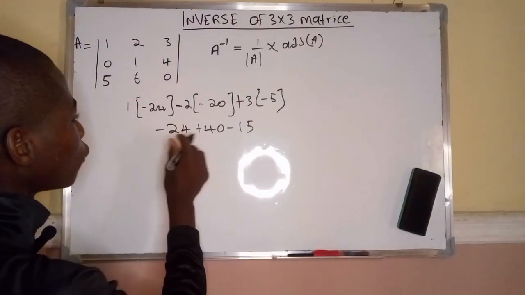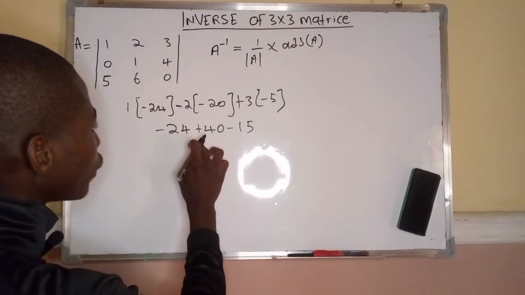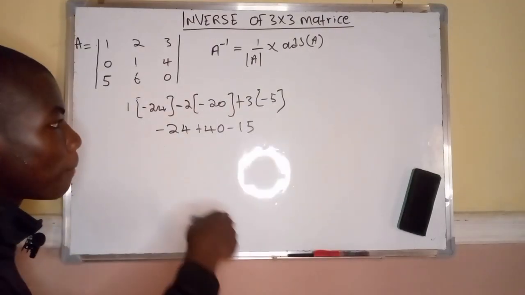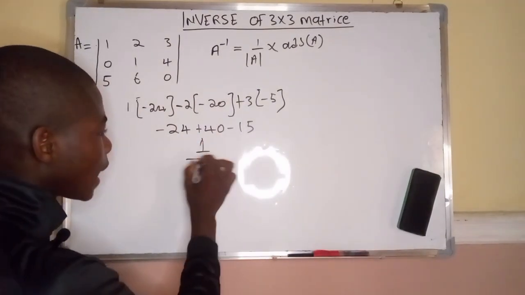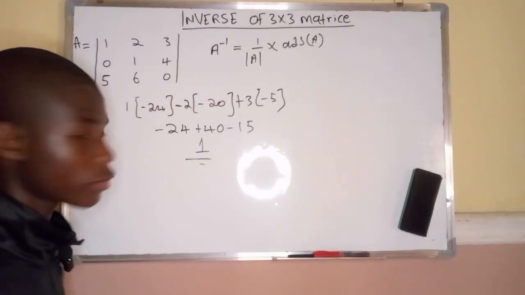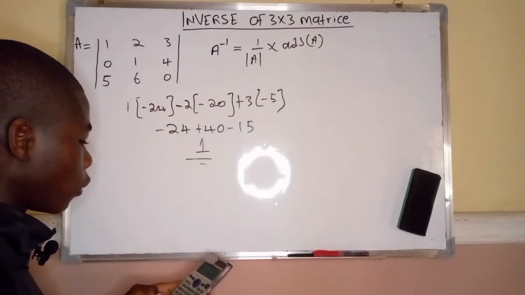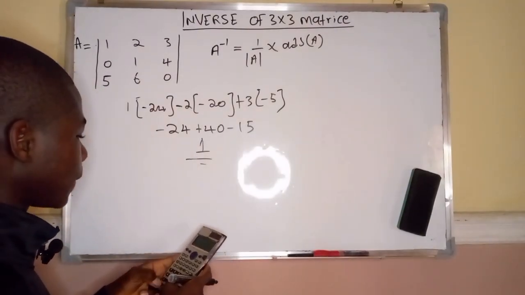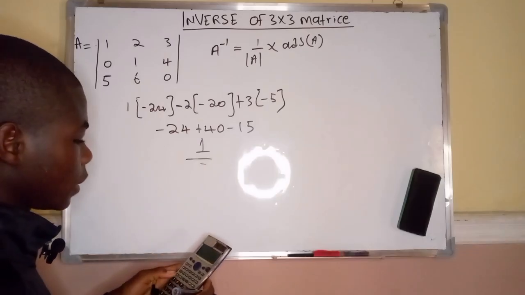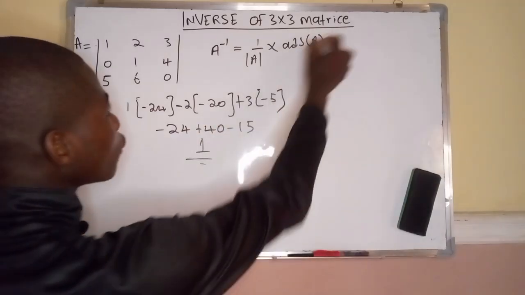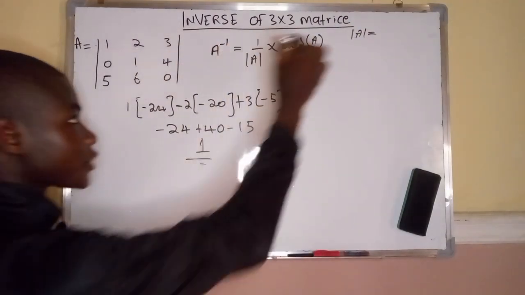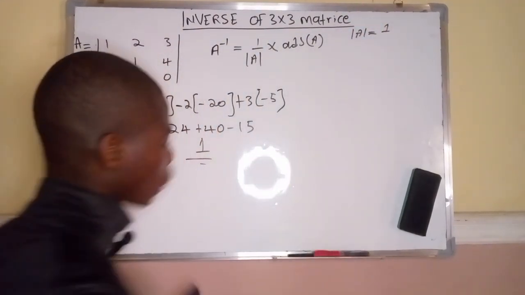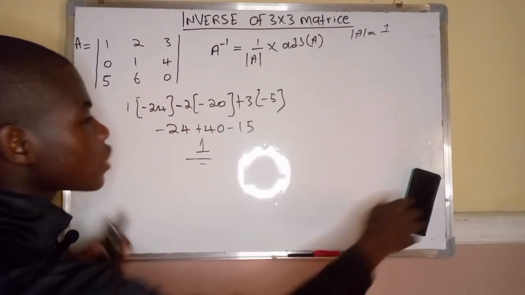So minus 24 plus 40 minus 15 gives 1 as my final answer, as my determinant. So the determinant of this matrix is 1.